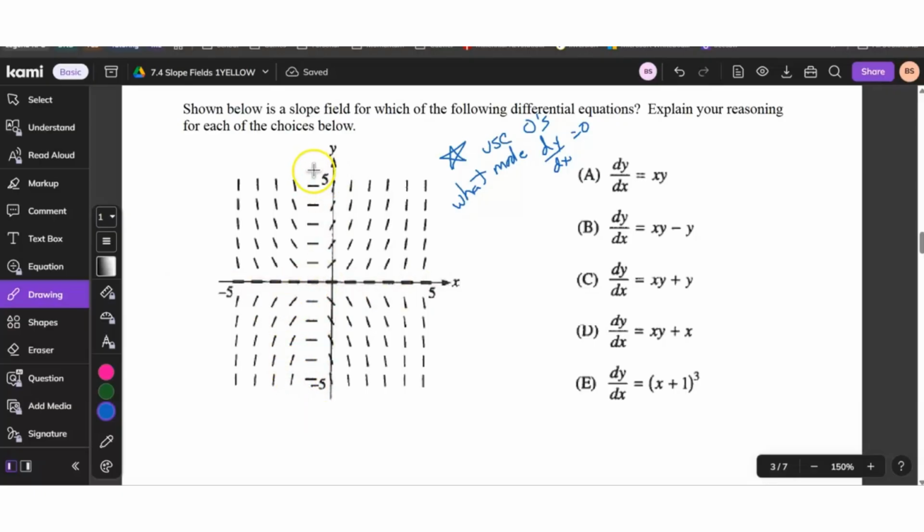So let's analyze, say, this guy here. This one happens whenever x is negative 1. Does it matter what y is? No. So we know that regardless of what y is, as long as x is negative 1, it needs to be 0. So if I put negative 1 for x, does y change it? Yes. So it can't be that one. Because if I put in y equals 3, it would be negative 3.